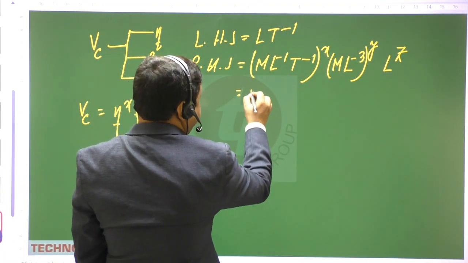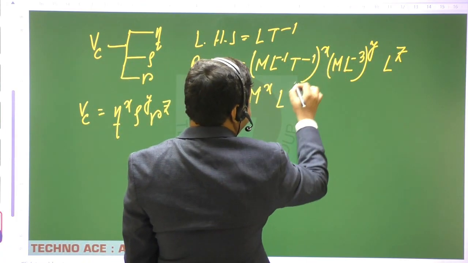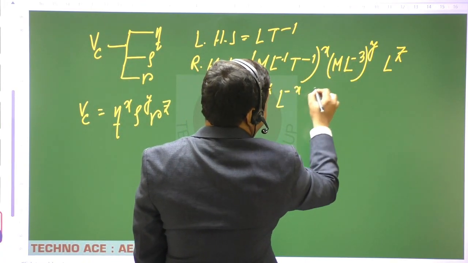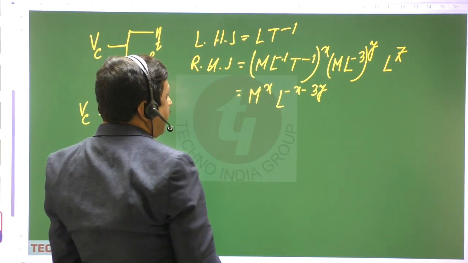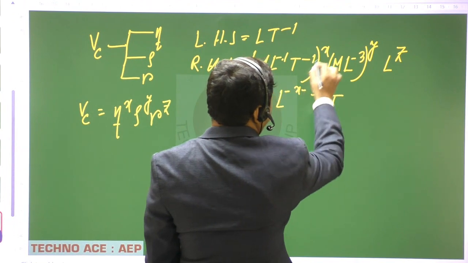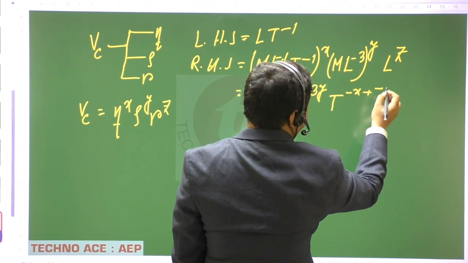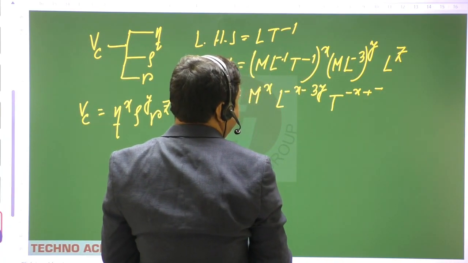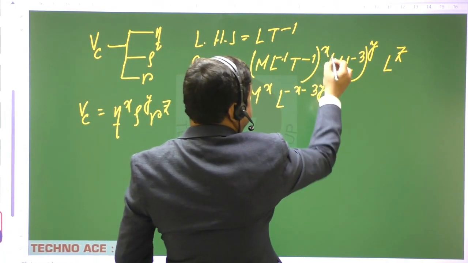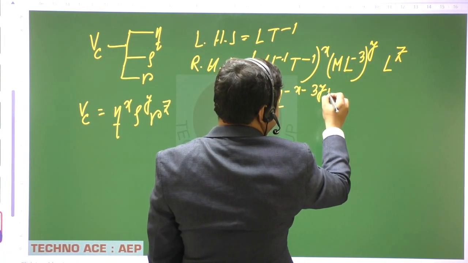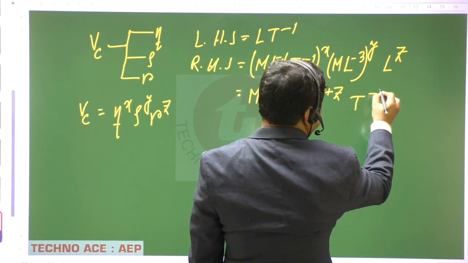If you calculate this value, m to the power x, L to the power minus x, and in this case minus 3y, so L to the power minus x minus 3y plus z, and t to the power minus x.